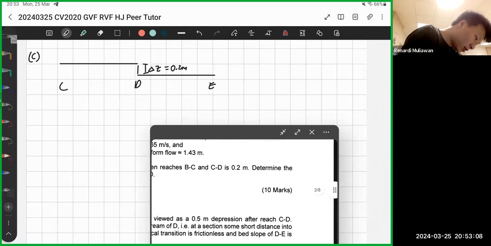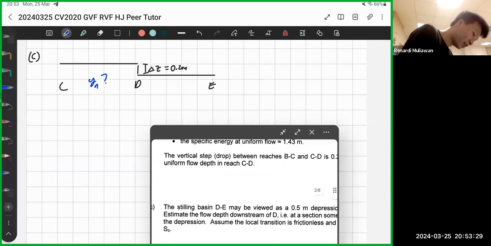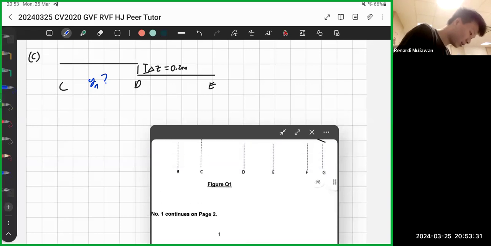Now, determine the uniform flow depth in reach CD. So find Yn here. Okay, so recap, you need to find the uniform flow in CD. Let's go back here.